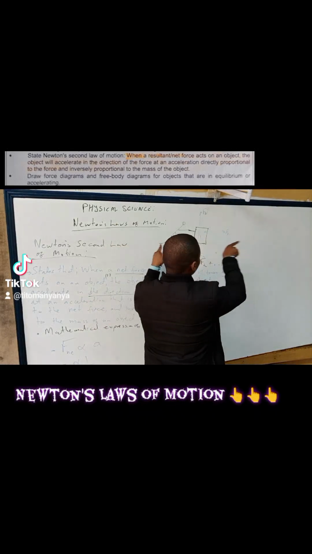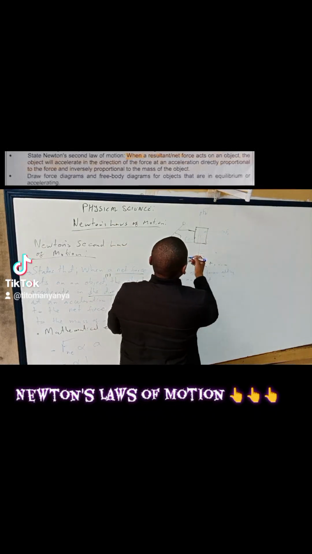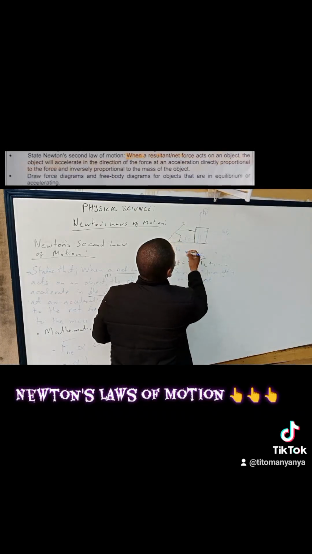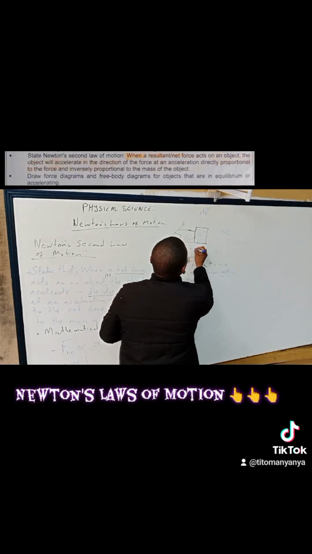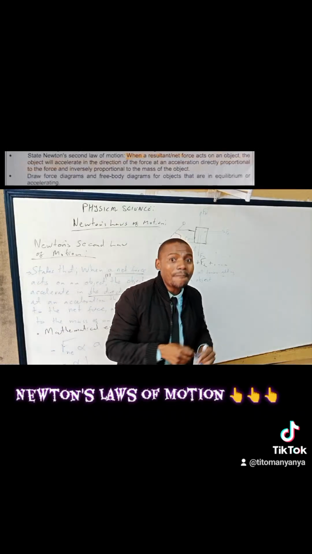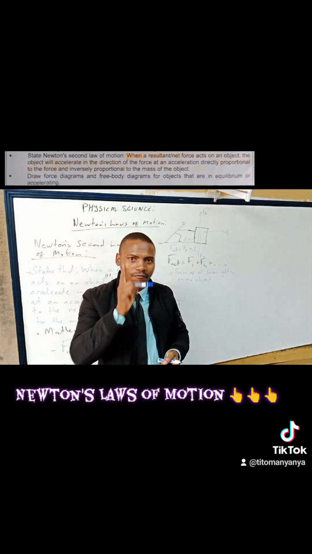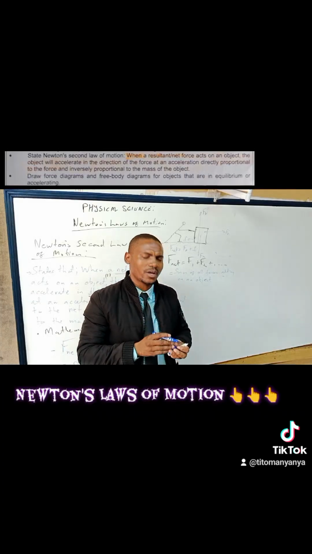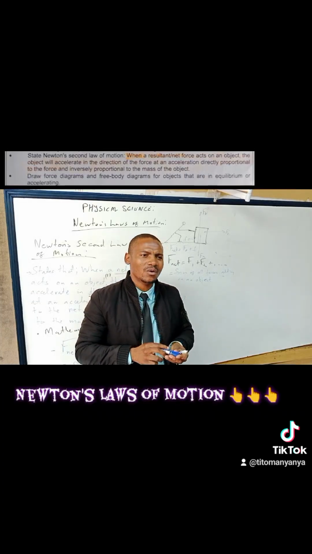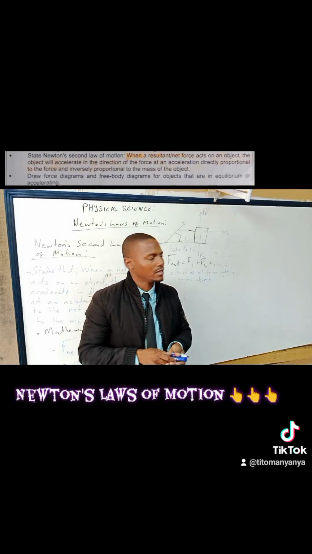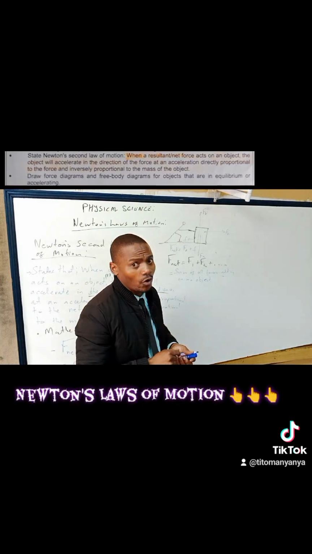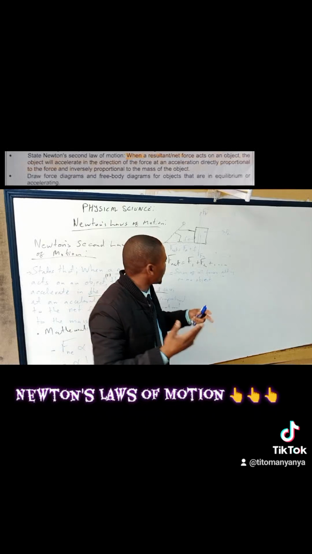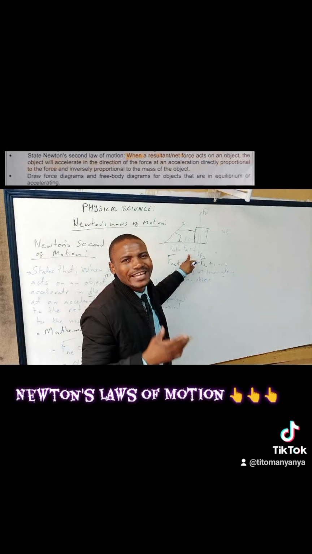Then there we go. According to this diagram, net force is equal to force applied plus friction. Remember, force is a vector quantity. Vector quantity refers to a physical quantity with both magnitude and direction.